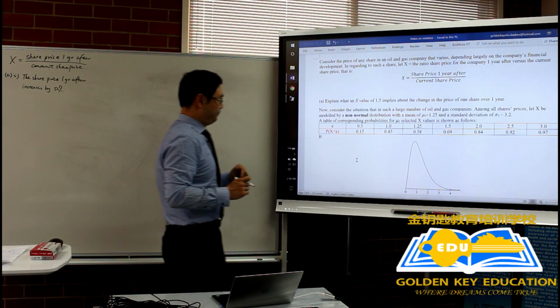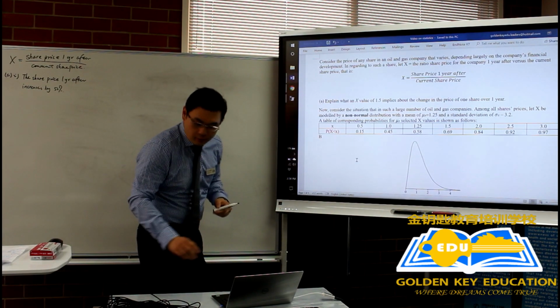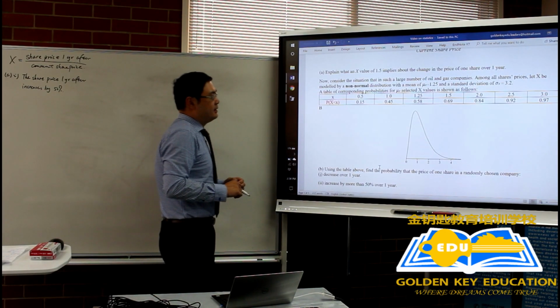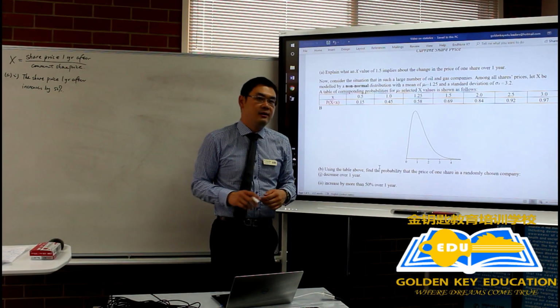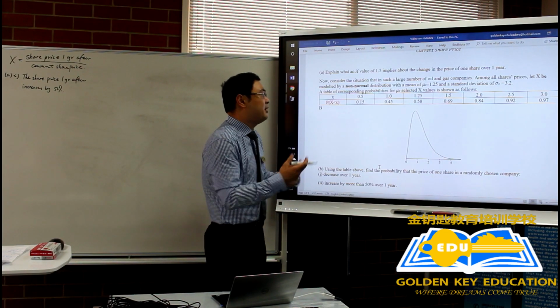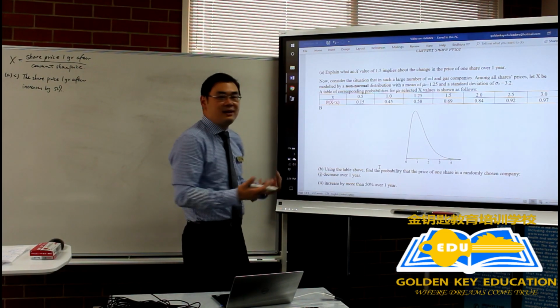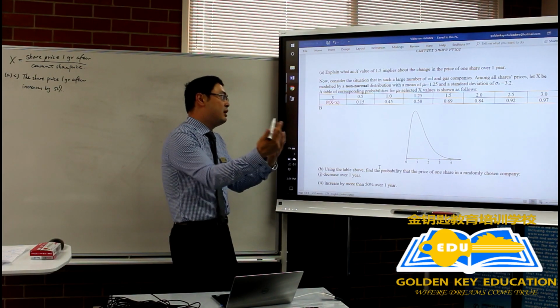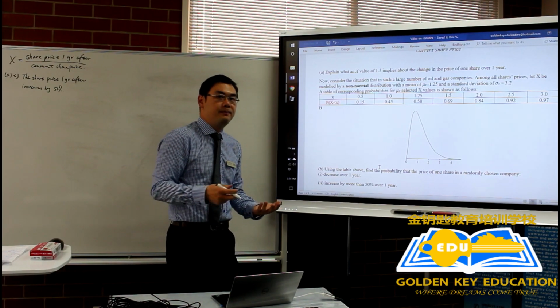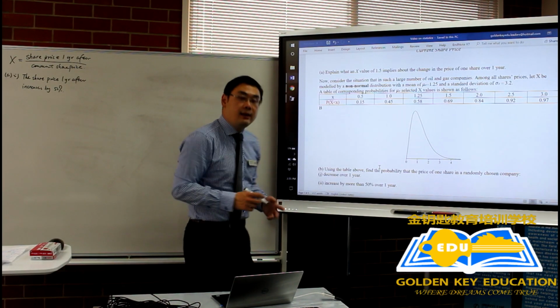A lot of students might be thinking, okay, this looks like a discrete random variable question, or binomial, or finding expected value, because that's usually where you see a lot of tables being listed for the distribution. Well, this is not the case.